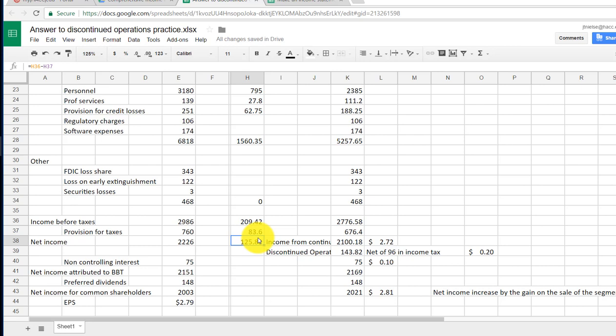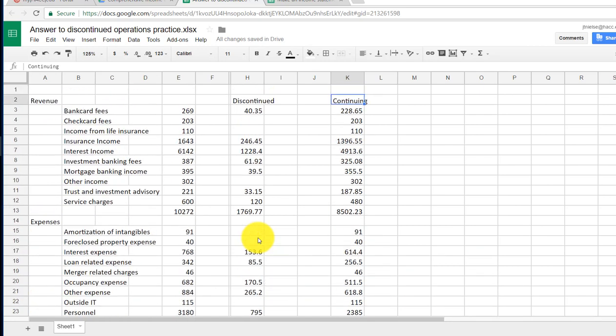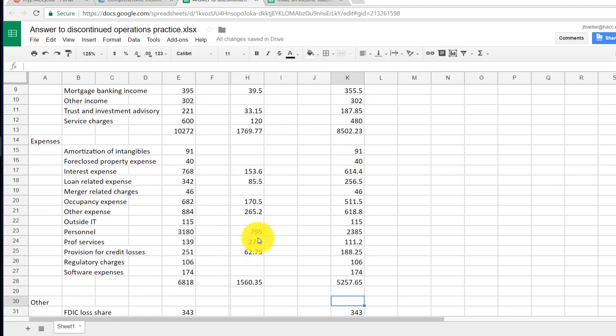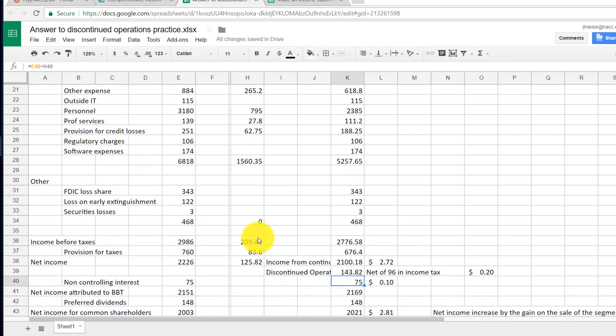Now, over in this other column is the continuing operations. We then do the same thing, add up the revenue after subtracting out the discontinued, and the expenses, losses, and so forth come over because most of those were fully continued.